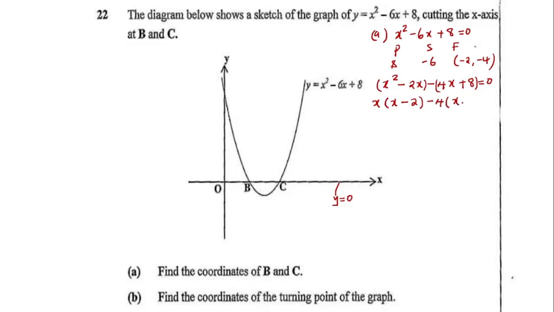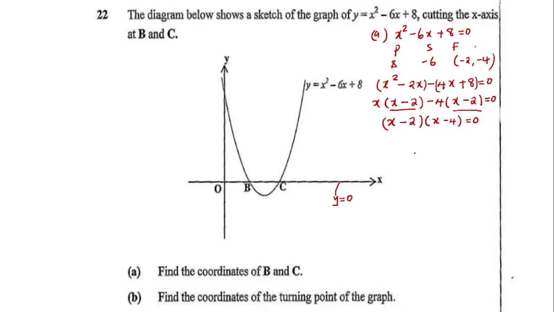Then you remain with x minus 2 equal to 0. As you can see, the two brackets are the same. So we shall say x minus 2, and the factor outside is x minus 4, equal to 0.